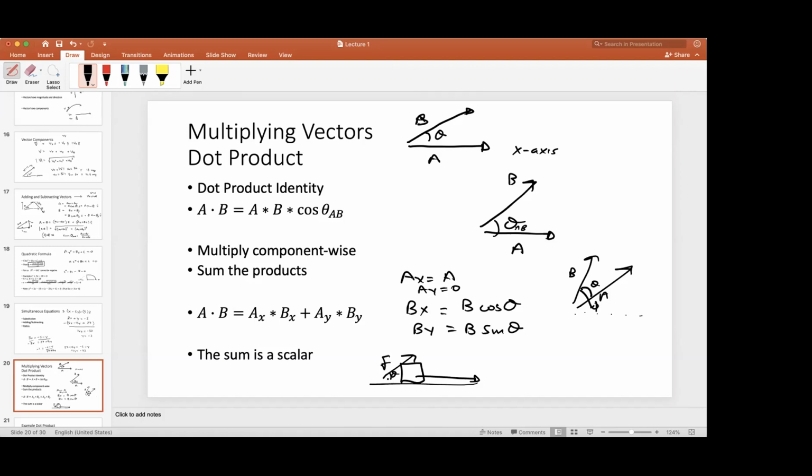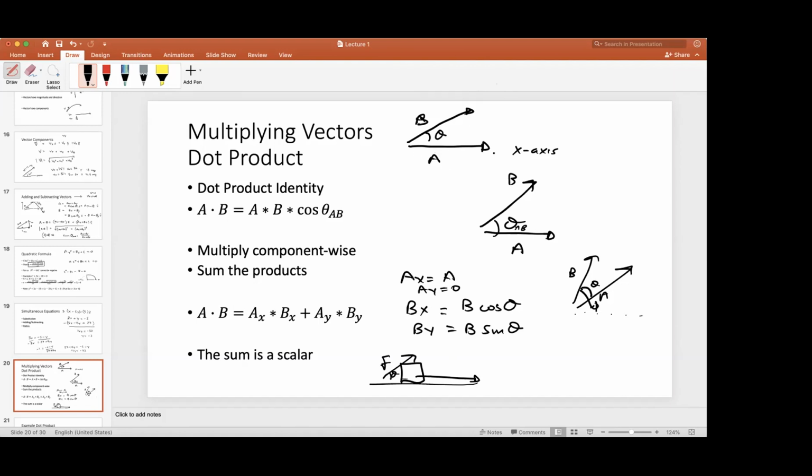Only the amount of force in the direction of the motion, because we assume that the object can't move up or down, only the amount of force in the direction of the motion, that's the only thing that's putting energy into the system. The amount of force acting perpendicular doesn't do anything.